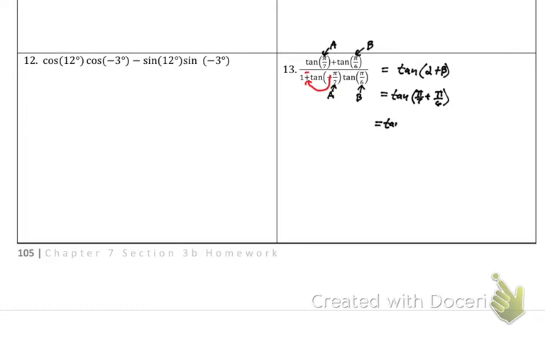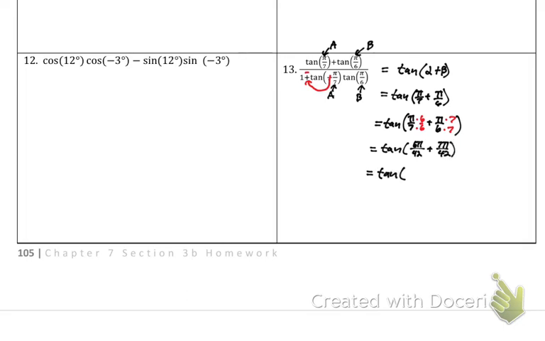So this is going to be tangent pi over 7. I'll go through all the steps. Times 6 over 6. Plus pi over 6 times 7 over 7, which is going to give me tangent of 6 pi over our 42, plus our 7 pi over 42.